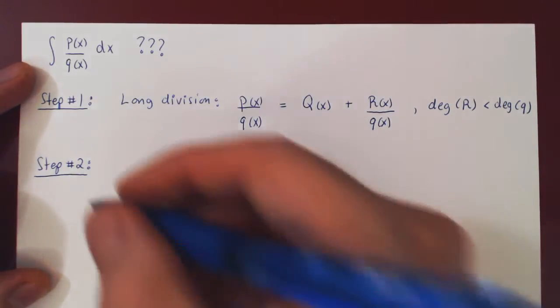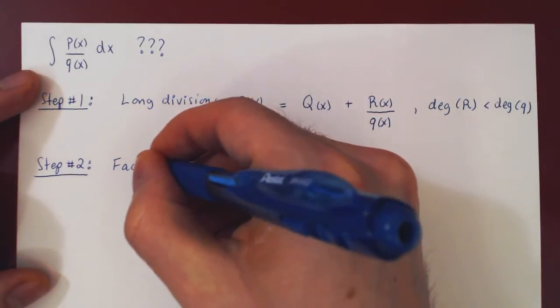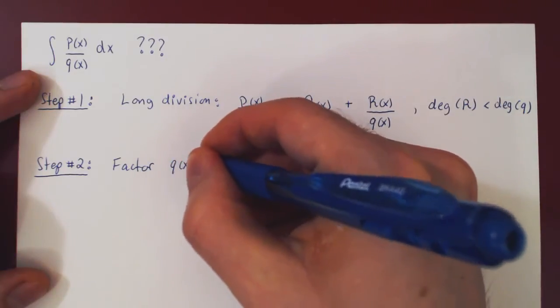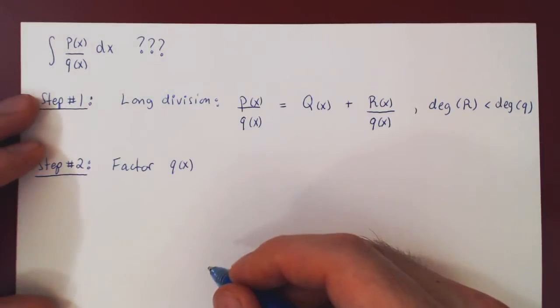What we have to do is the following. We have to factor our divisor, q of x, into a product of linear and irreducible quadratic factors.